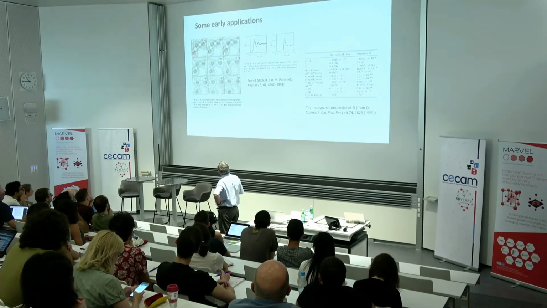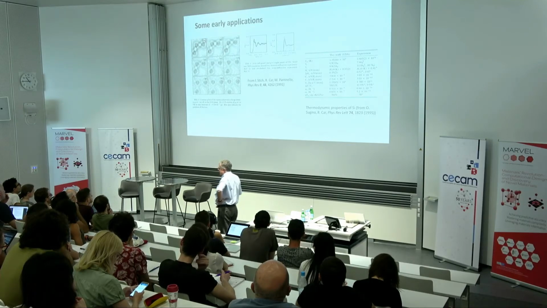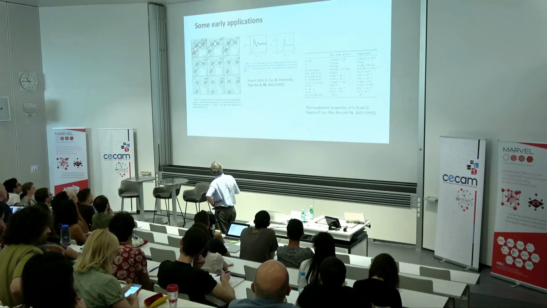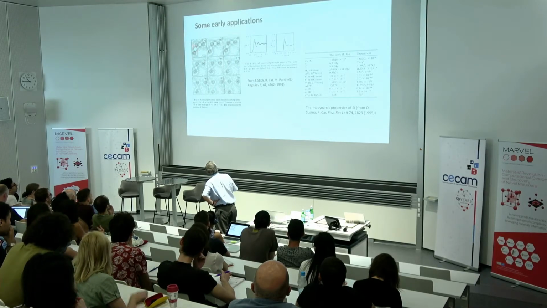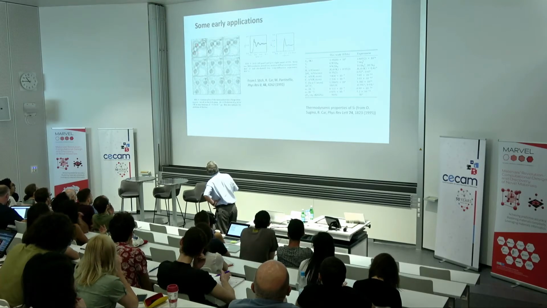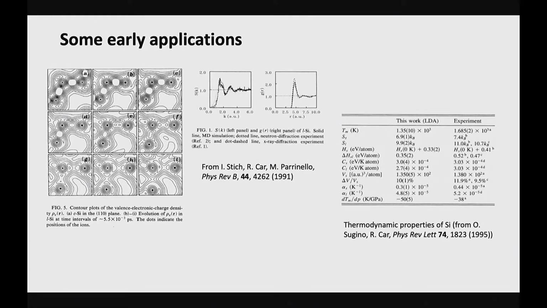The valence electronic density in silicon was calculated with this density functional calculation, and these are atoms, and there is here a covalent bond, a bump in the electronic density in the region between the two atoms. So what happens if the system becomes disordered?